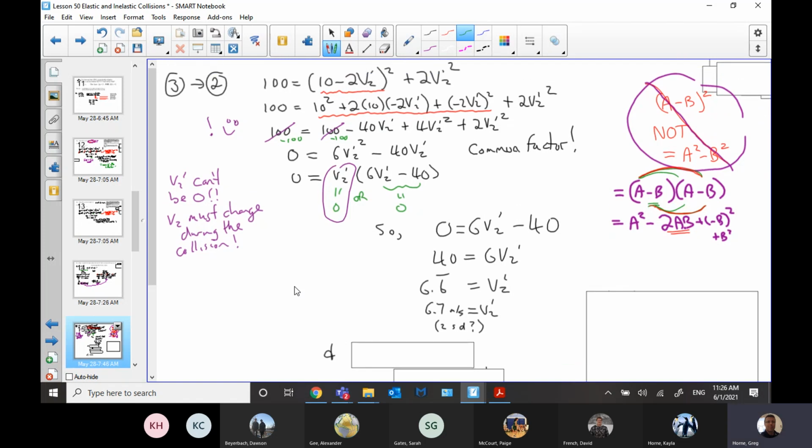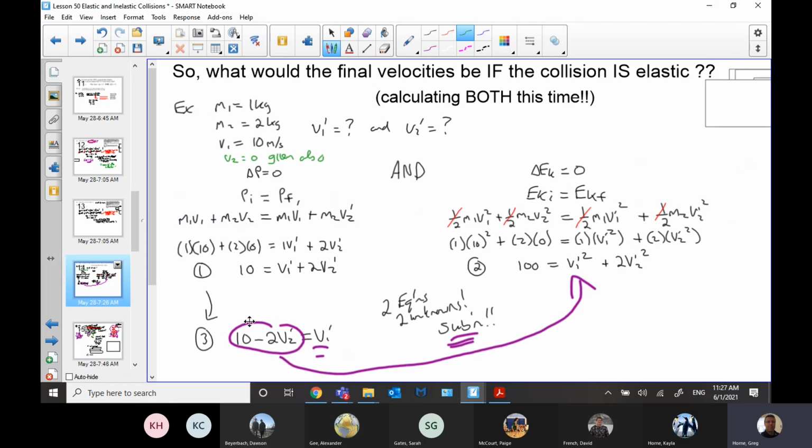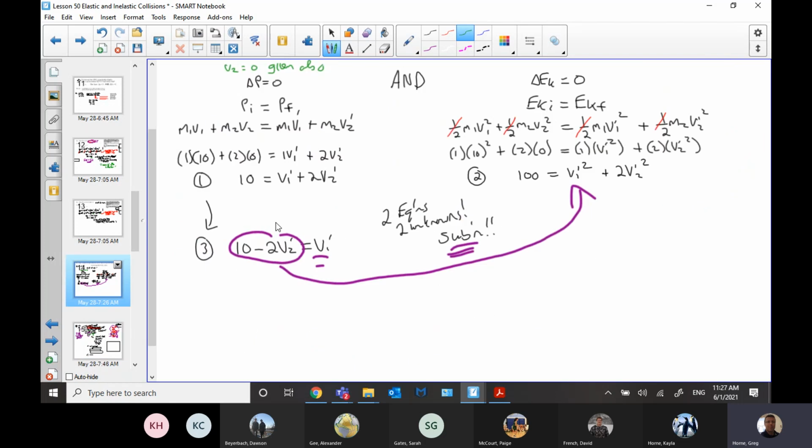So we have found the speed that the second one would actually have if it's an elastic collision. And then we can figure out the velocity the first one would have as well. We're actually calculating both of them. For the first velocity, obviously you'd use equation 3, if you will, the equation we numbered, v1 prime equals.